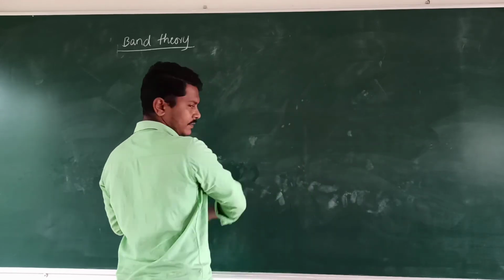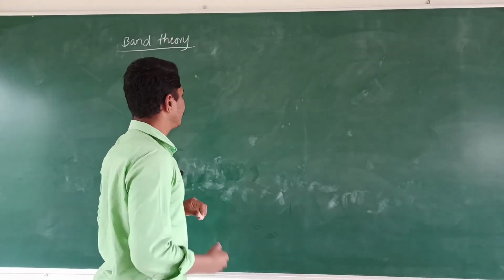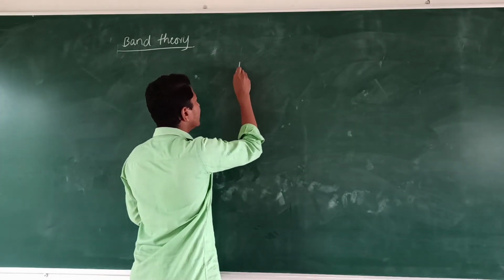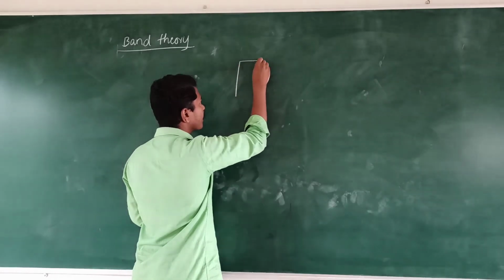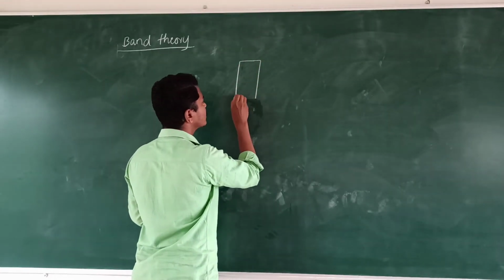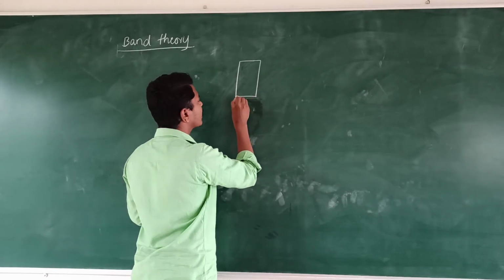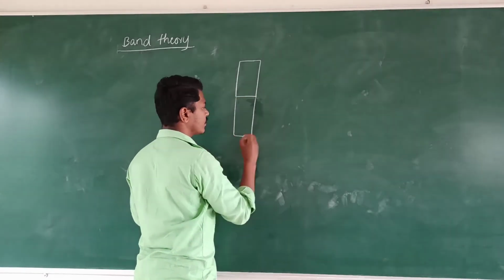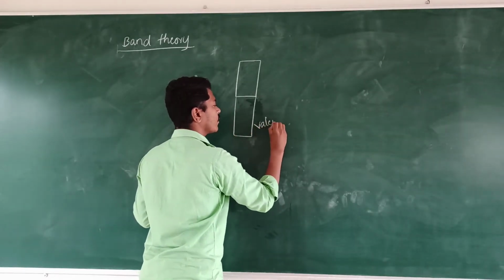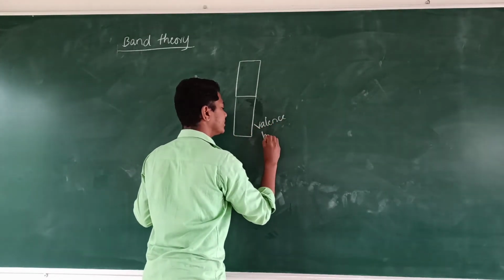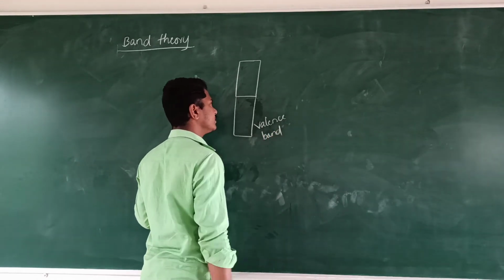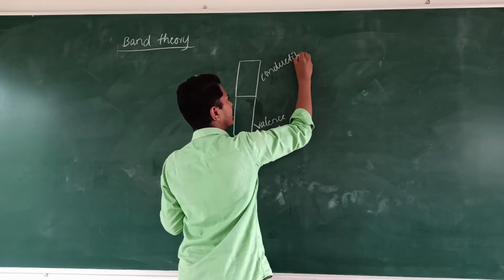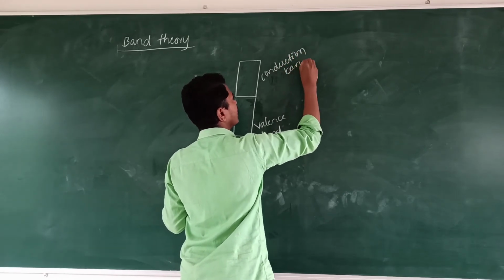In case of metal, what happens here? This is a completely filled valence orbital, the valence band. This is the conduction band.